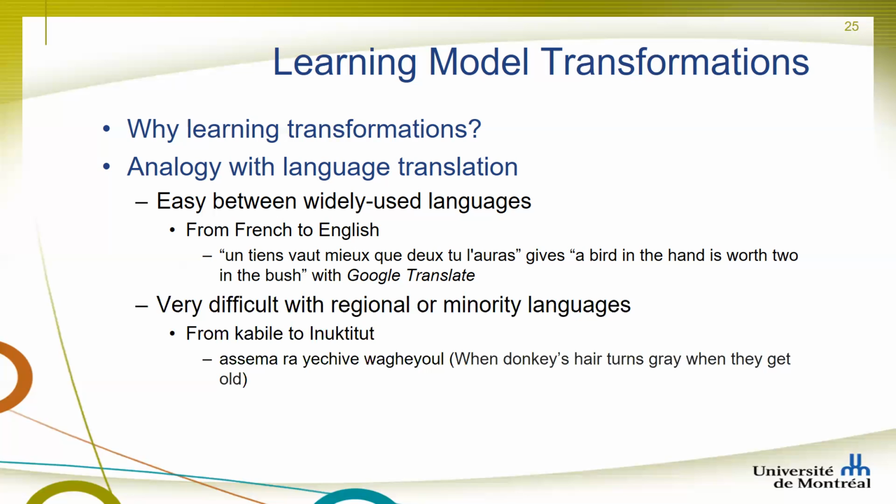But if I do it for some regional or minority languages, I don't have any translation. I have this expression in Kabyle, which is a language in North Africa, meaning more or less that donkeys' hair turns gray when they get old, which means this never happens. The animals here don't turn gray like humans, and the equivalent in Inuktitut is "when crows are white."